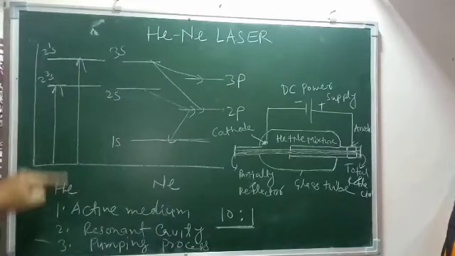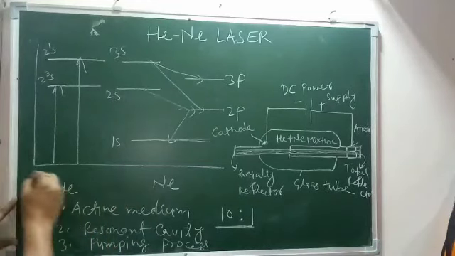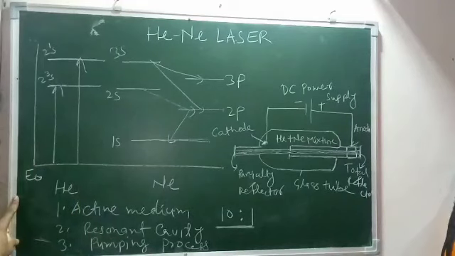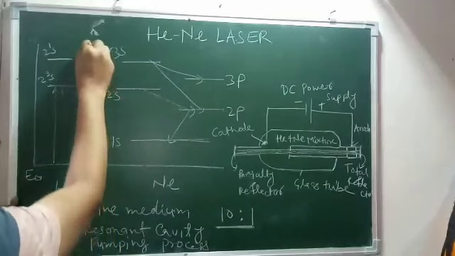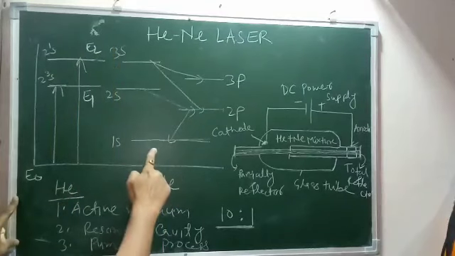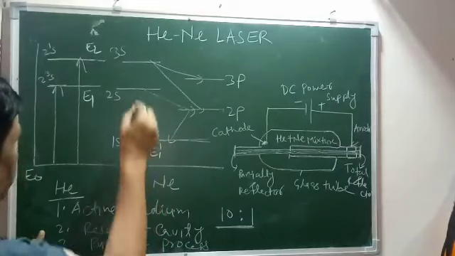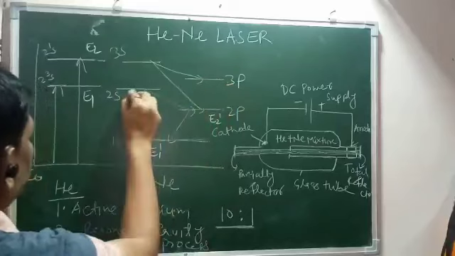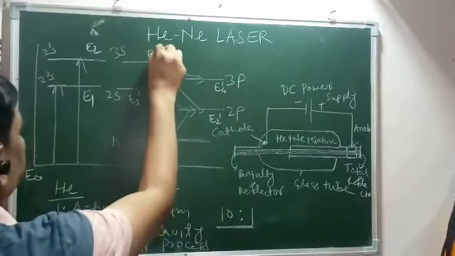This is the helium energy states. Now we can represent this as E0. E0 is the ground state of the helium neon laser, and this one is called E1 and E2 of the helium, and this one is called E1 prime, this is called E2 prime, this is called E3 prime, this is called E4 prime, and this is called E5 prime.